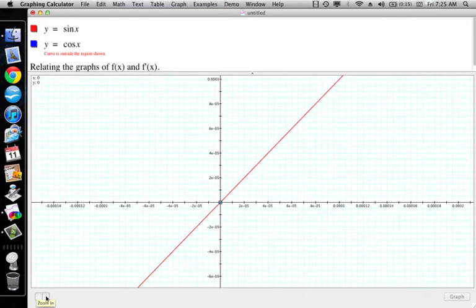So my function is y equals sine x, right up here, and at 0 it's got a slope of 1. So right in this region, right around 0, the slope of the line is 1.